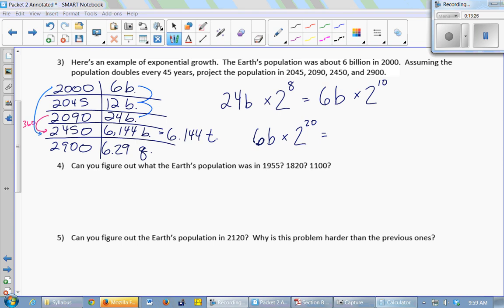Because 45 years before the year 2000 was the year 1955. 2000 minus 1955 is 45 years, right? So to go backwards in time 45 years, we should divide by 2. Okay, so make another little table here, 1955, we should have 3 billion. And then 1820, how many people would there have been?